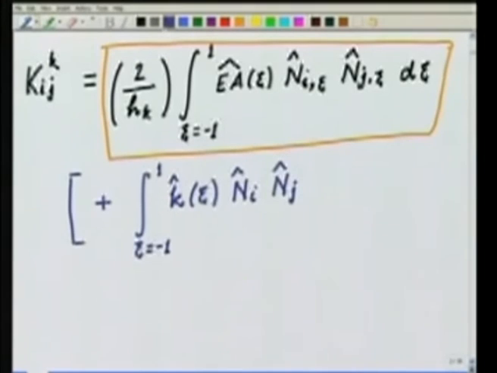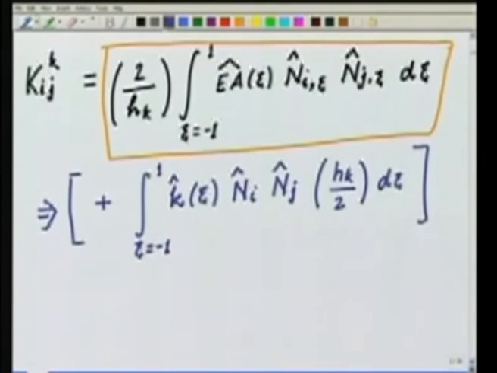Now what do we have? dx/d psi will be hk by 2 d psi. So if I have the elastic support, this extra term also has to be added to the element stiffness matrix entry.